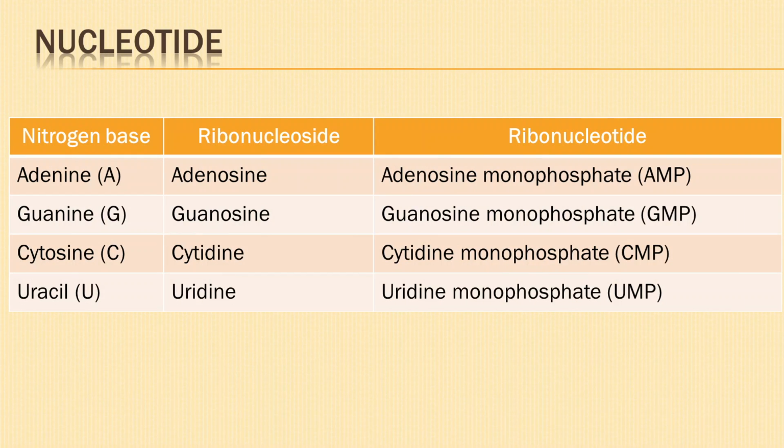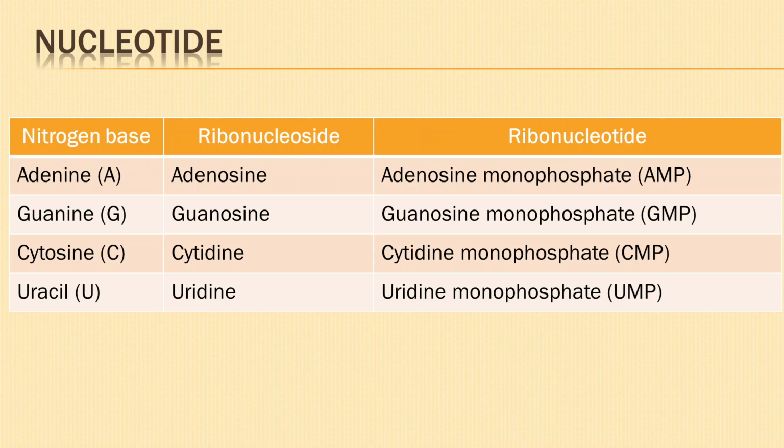The four bases, ribonucleosides and ribonucleotides of RNA are as follows. The four nitrogen bases are adenine, guanine, cytosine, and uracil. The ribonucleosides are adenosine, guanosine, cytidine, and uridine.